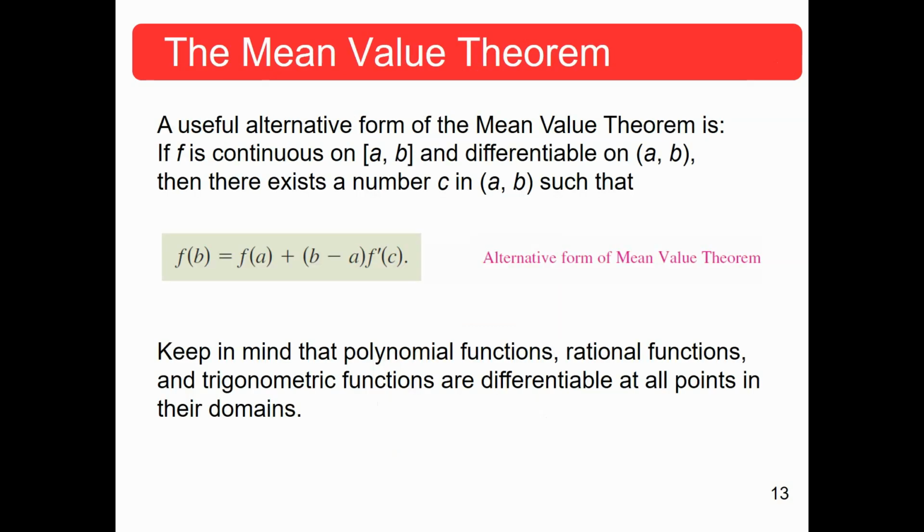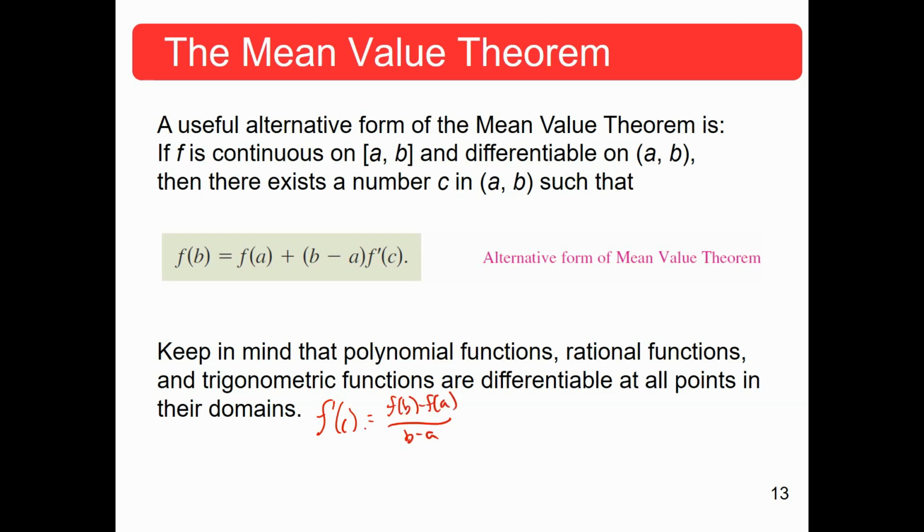Now, there is another form of the mean value theorem, which tells us that if f is continuous and differentiable on a, b, then there is a number c in there such that f of b equals f of a plus b minus a times f prime of c. This is just algebra, y'all. This is the exact same formula. f prime of c equals f of b minus f of a over b minus a.